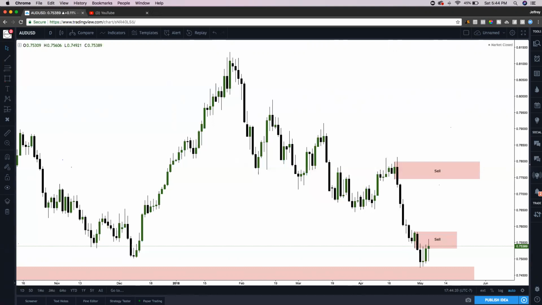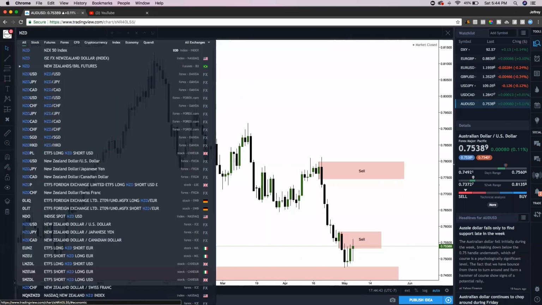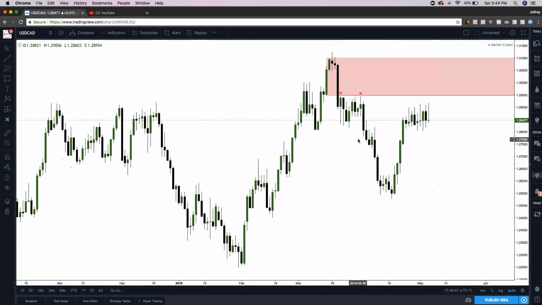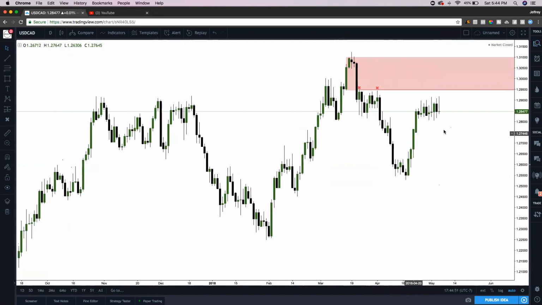another trader. Can you show another example with a different pair of finding the order block? Yeah, sure. Here, we'll just use USD CAD. It'll be easy. All right, so USD CAD, ICT bullish and bearish order block.